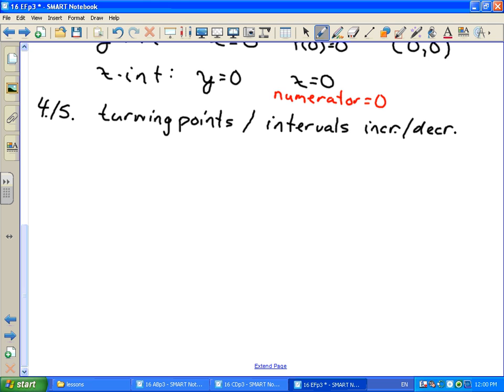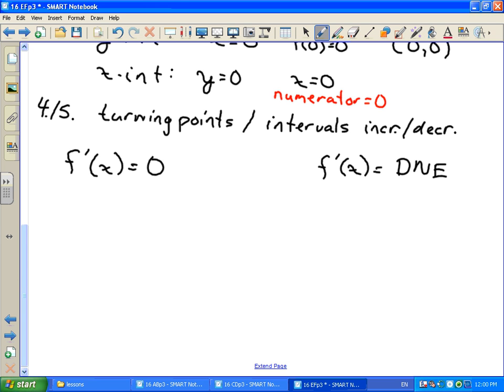So, turning points, we want to find our critical numbers. So we're looking for where our first derivative equals 0, or where our first derivative does not exist.